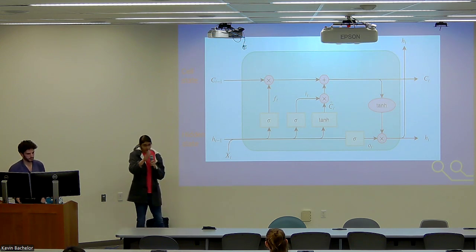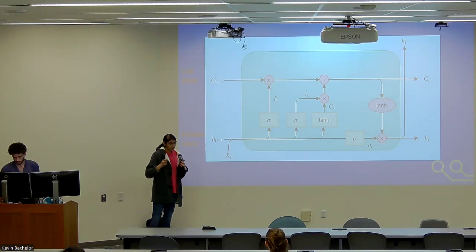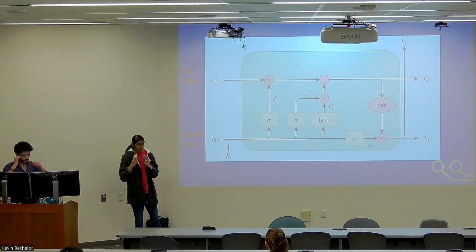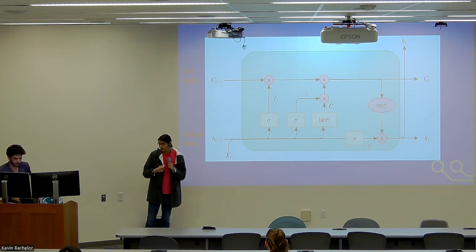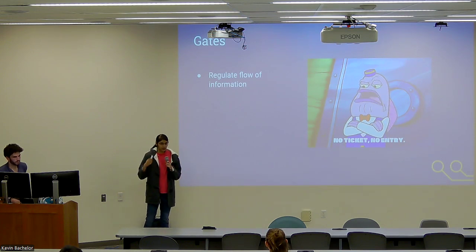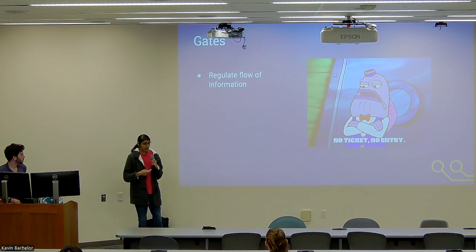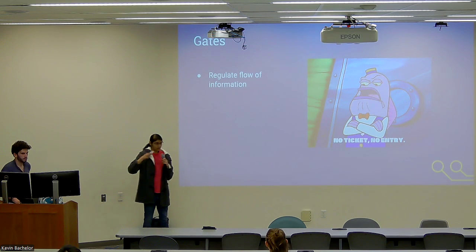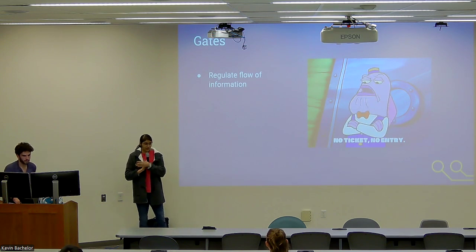Okay, so you brought up a very good point. How does it know, or how does it do that process of forgetting and adding information? Next. And the answer to that is through gates. You can think of gates like a traffic intersection with red, yellow, and green lights, where cars can only go when there's a green light, and when there's a red light, the cars can't go.